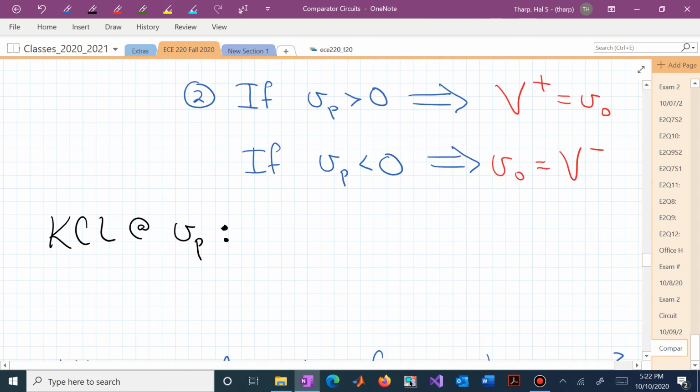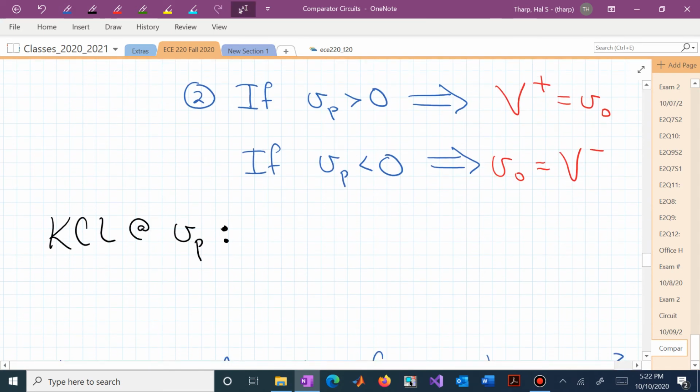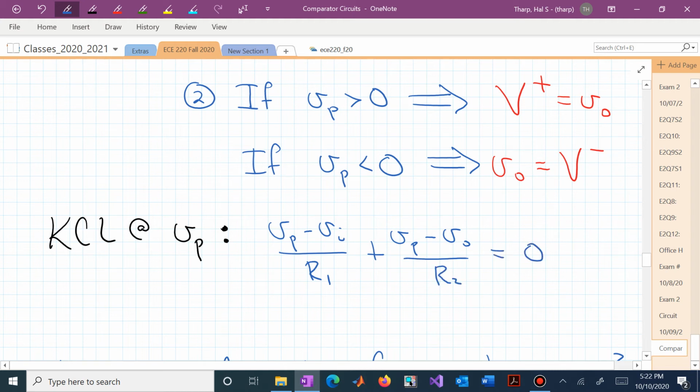I sub 1 is actually V sub p minus V sub I over R1, plus I sub 2, which is V sub p minus V sub O over R sub 2, and that's equal to 0.